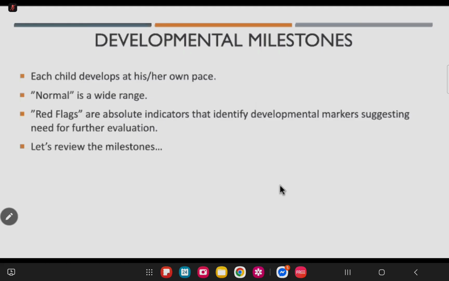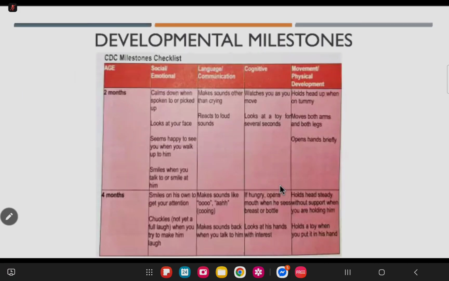So for developmental milestones, each child develops at his or her own pace. So normal is a wide range, and red flags are absolute indicators. So if you already have red flags, this is already suggestive for behavioral or developmental delay. So I'm not sure if you encountered these milestones before in your second year, but let's review them.